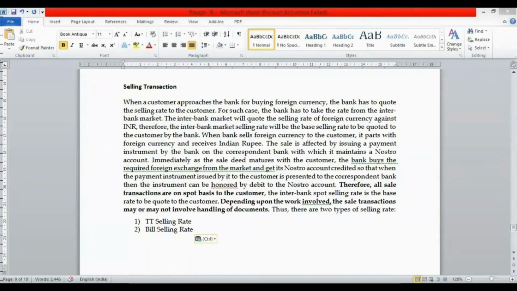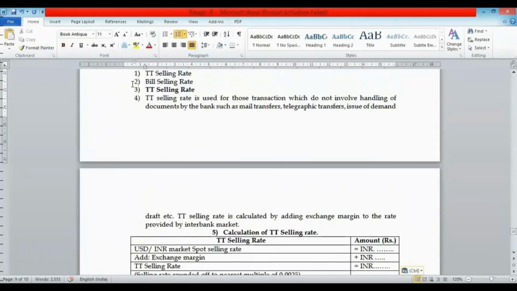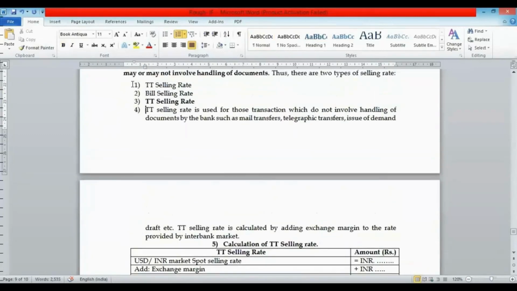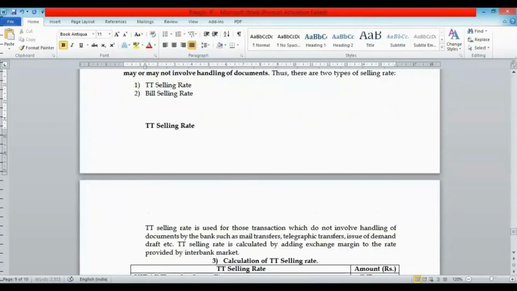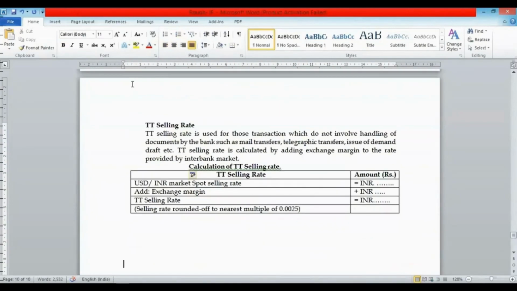Like I give you the description itself, that what the TT will say. In this way you can say. This is the format that we have to follow for TT selling rate.